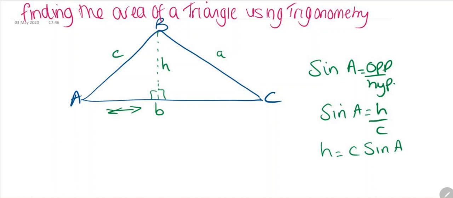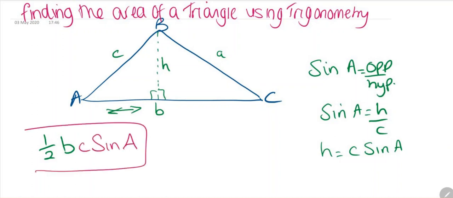So in our formula, we're going to replace h with c sine A. If we've got half base times height, we are going to replace the h with c sine A. So this becomes our area formula.